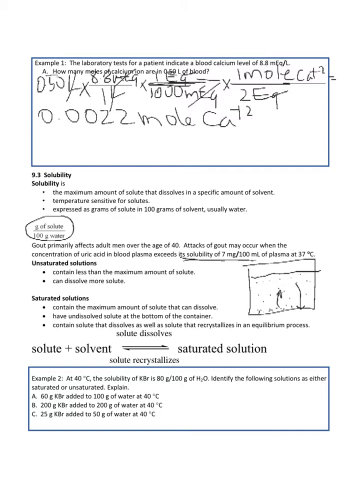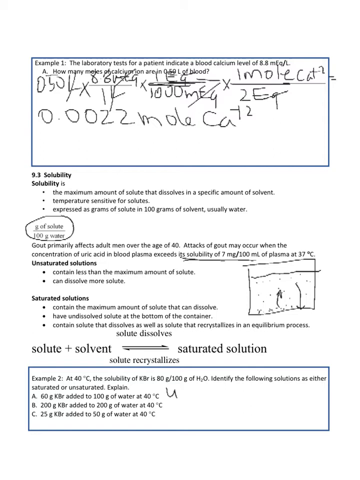We were told that you can dissolve up to 80 grams of potassium bromide for every 100 grams of water. So this solution is unsaturated because we could still dissolve theoretically another 20 grams of potassium bromide before we hit our max of 80. So that solution is unsaturated.